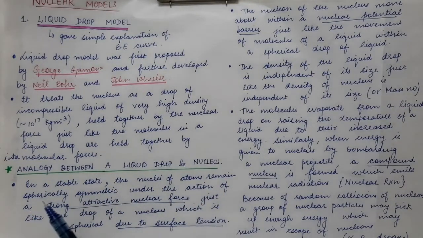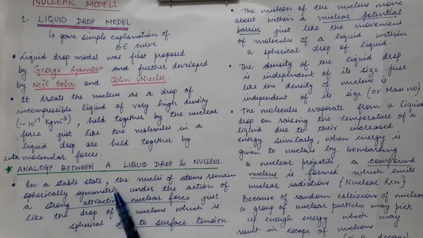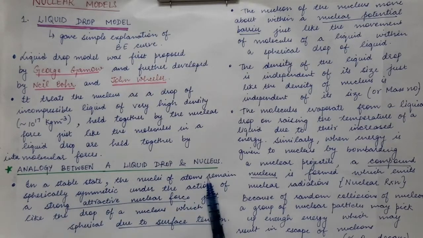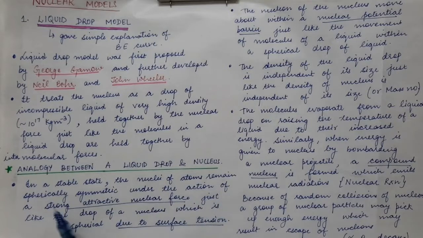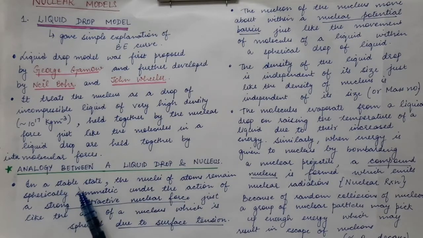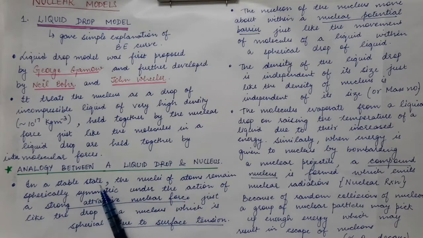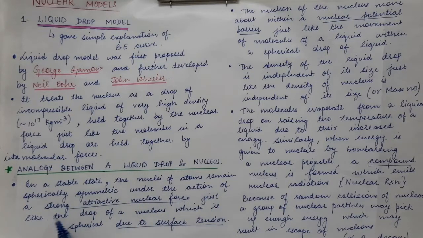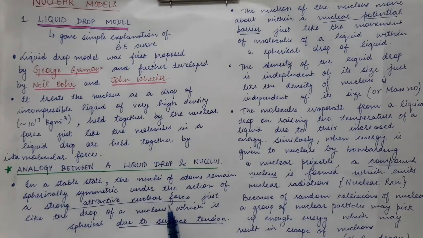First point is that in a stable state, the nucleus remains spherically symmetric under the action of the strong attractive nuclear force. When the nucleus is in equilibrium state, it is spherically symmetric, and this is due to the strong attractive nuclear force.